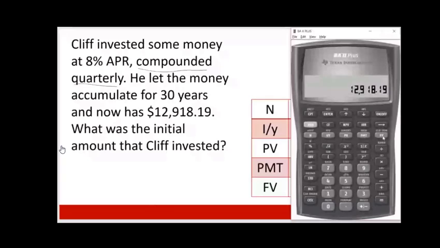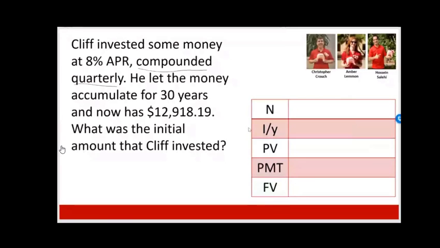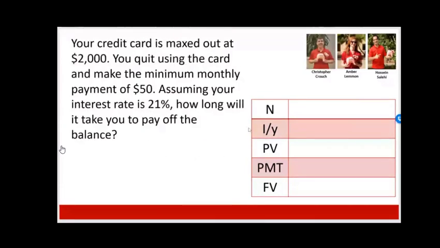So put the number and then hit future value, and to solve for present value, we need to hit compute and present value. So if you just run the number, Cliff has to invest $1,200 today, and then after 30 years, he will have $12,980.90. Right. Because we don't have time, let's go to the next question.